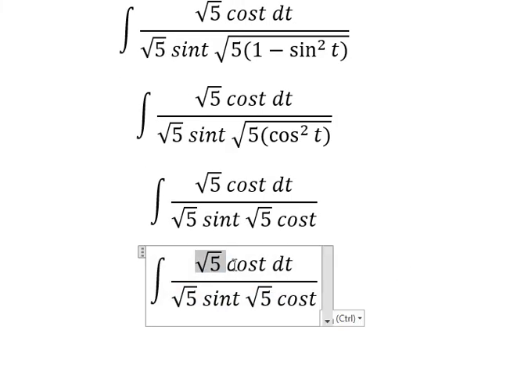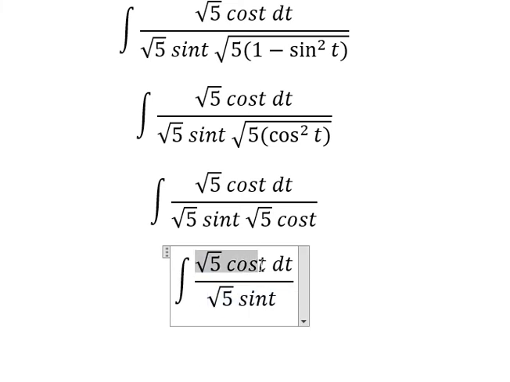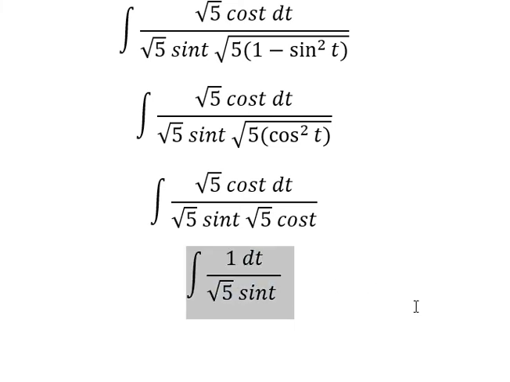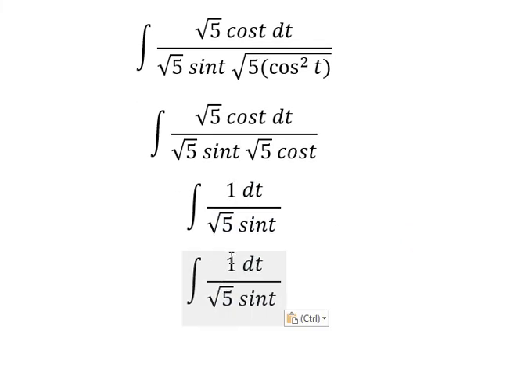Now we need to simplify the numerator and denominator. So 1 over the square root of 5 I will put outside.